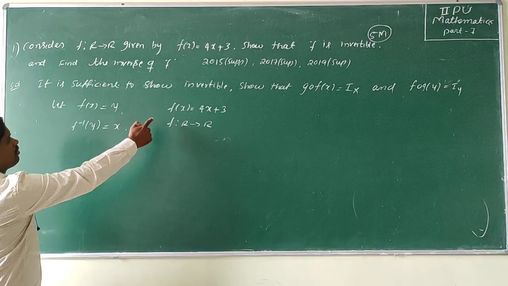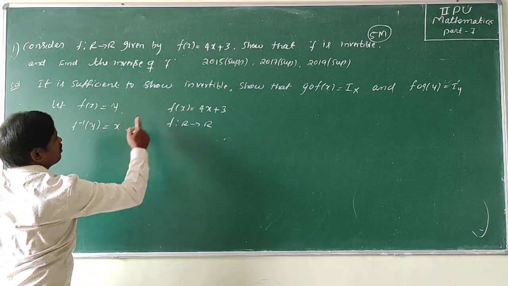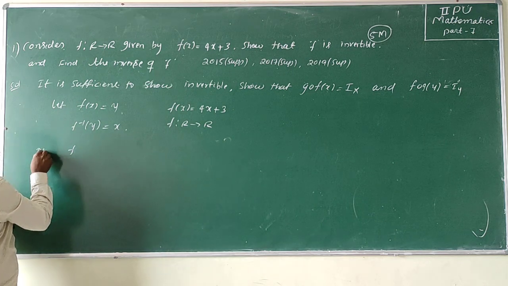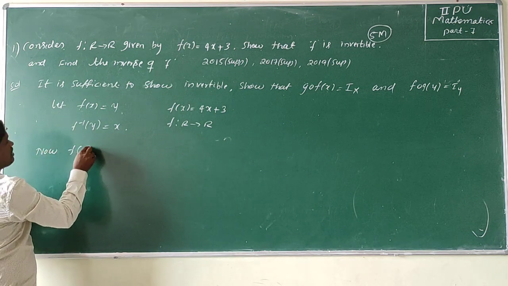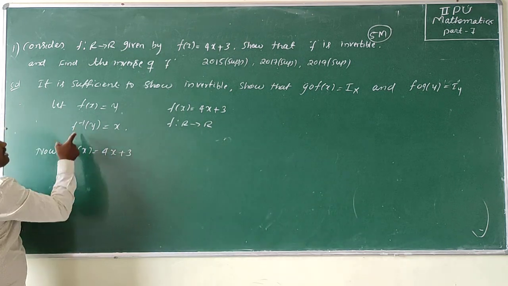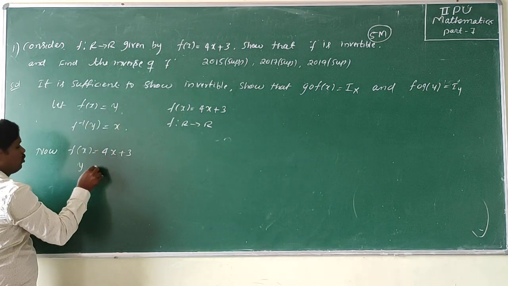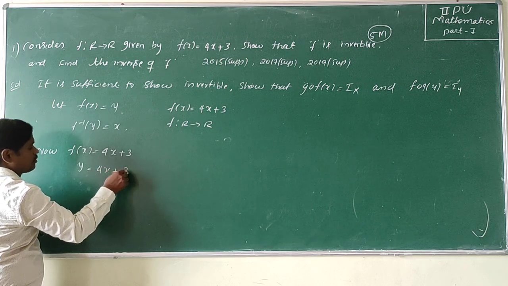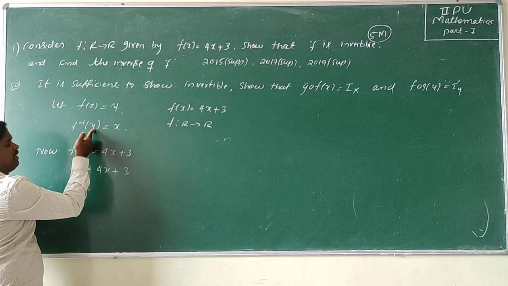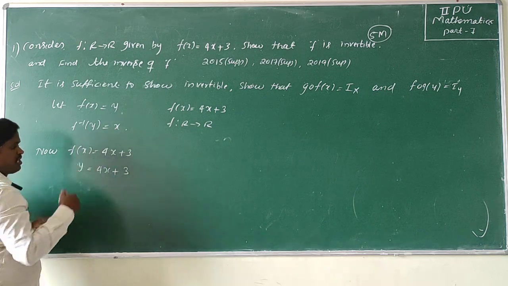So the equation f of x is equal to 4x plus 3 can be written as y is equal to 4x plus 3. To find f inverse of y, we are going to solve this equation.